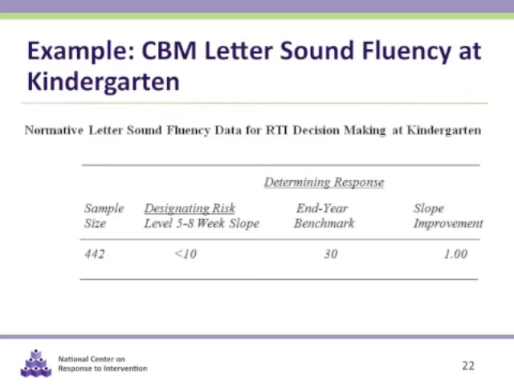If you look at the third and the fourth column on this slide, you see that to determine response, the vendor for that tool, based on research data that they have, is recommending that post-tutoring status should be at least 30 letter sounds correct in a minute, and the slope of improvement over the course of tutoring should be an improvement of at least 1 letter sound per week. That slope of improvement of 1.0.